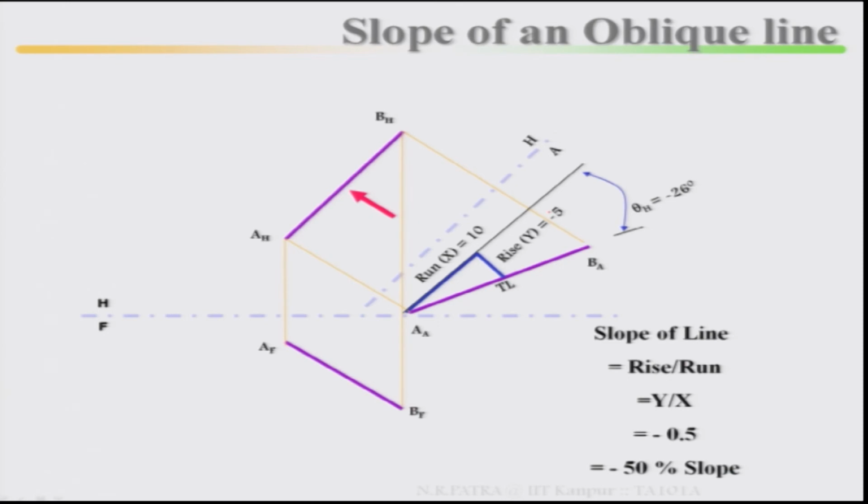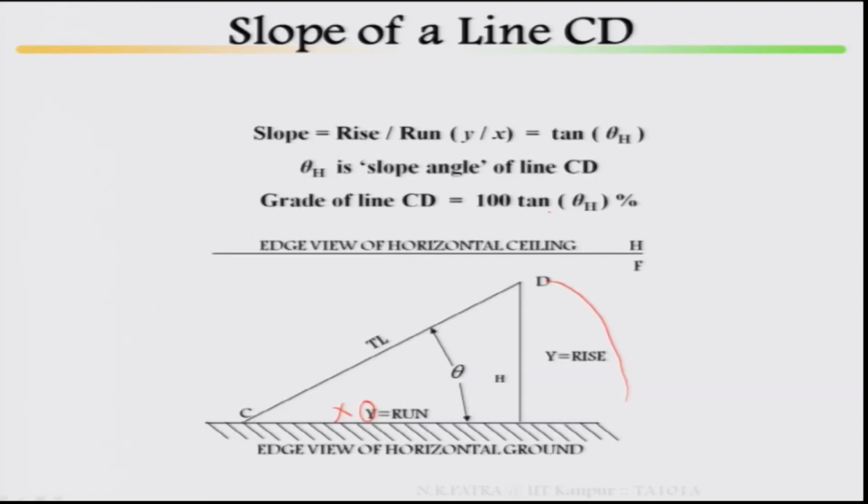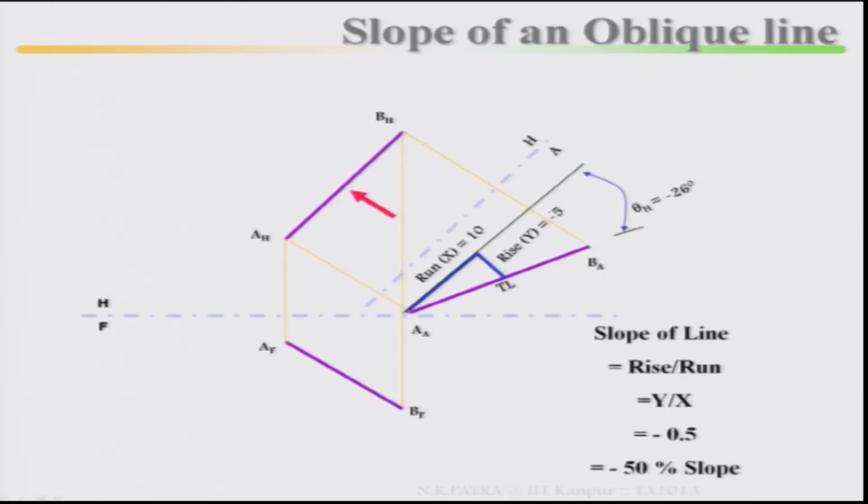So, tan theta h is rise by run, and in this case theta h comes out to be about minus 26 degrees. This is all about basic oblique lines and true length, point view, as well as slope and grade of a line that we discussed.